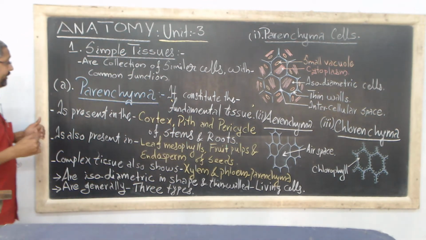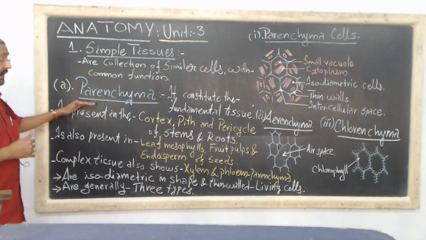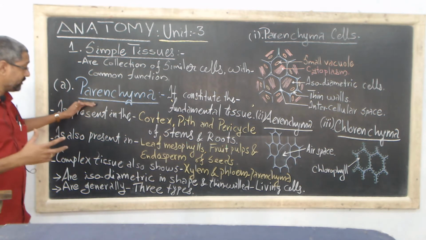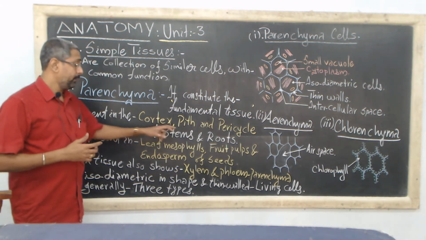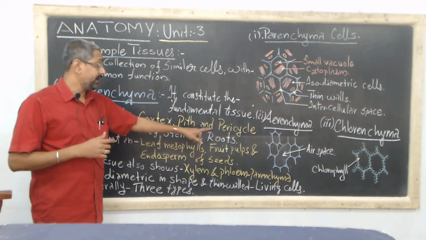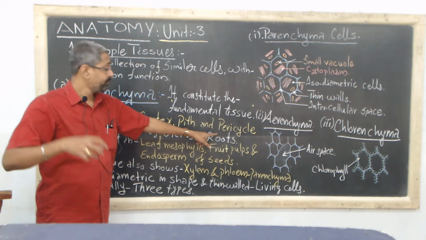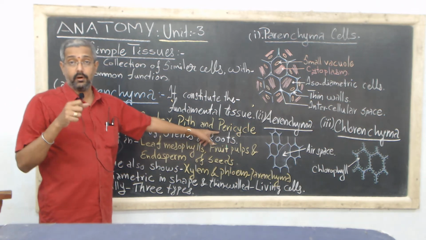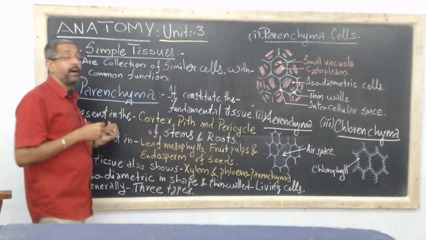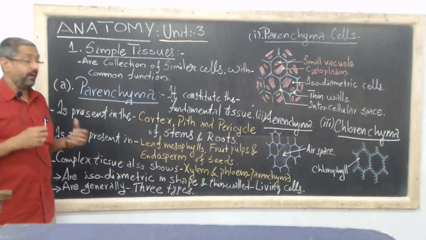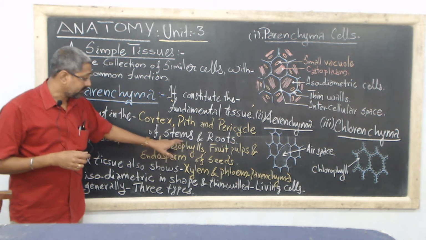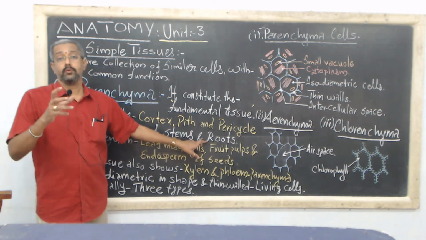So the parenchyma cells are present in the cortex, pith and also the pericycle, the outermost layer of the central cylinder, in stems and also in the root system.